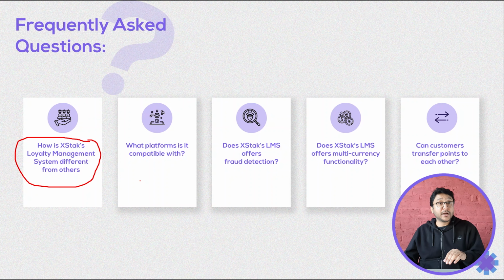Very few other loyalty programs are going to be omni-channel, API first, and have the core power available as an extremely usable, no-code visual toolset. So that is a big differentiator that we have as compared to other loyalty management systems that you will see out in the wild.